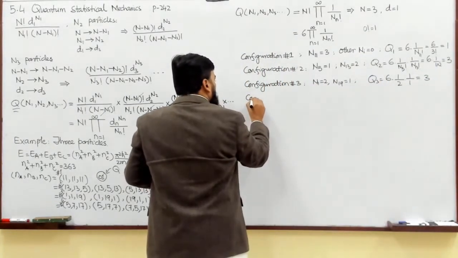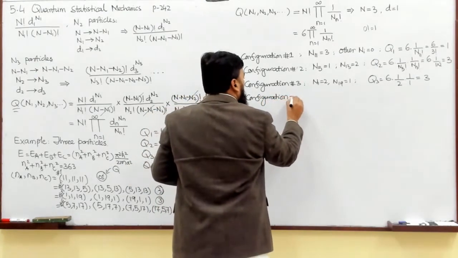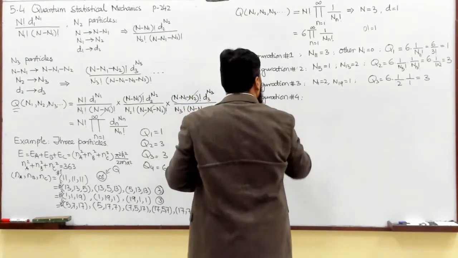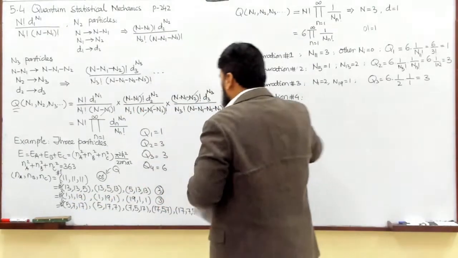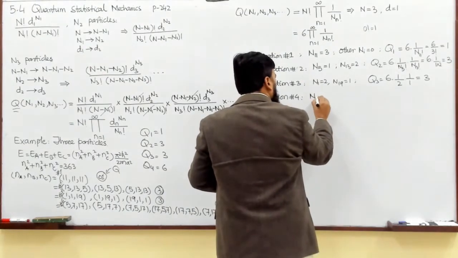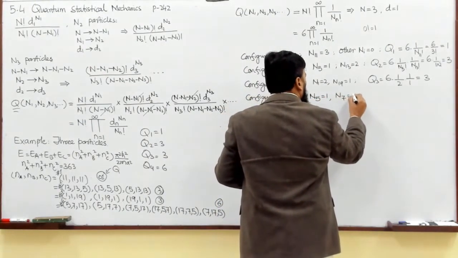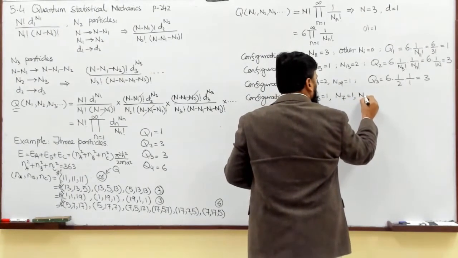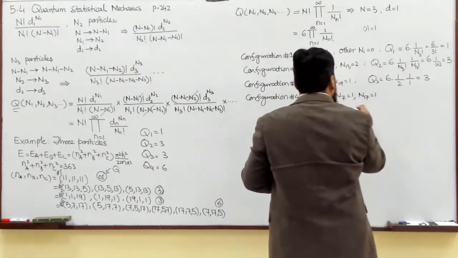In configuration number 4, we are having n5 equal 1, n7 equals 1, n17 equals 1. So what about Q4?